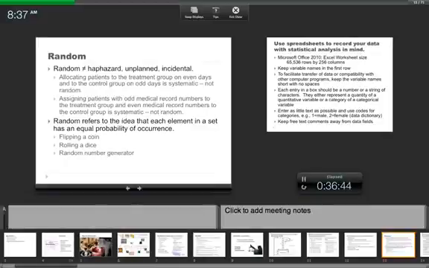Random number generator: with the advance in computer science, we use computers to randomly generate random numbers, and this is a very good, reliable way of random assignment in experimentation.